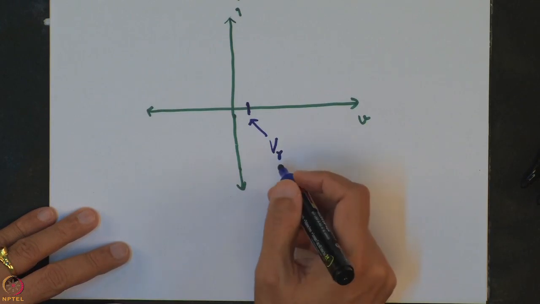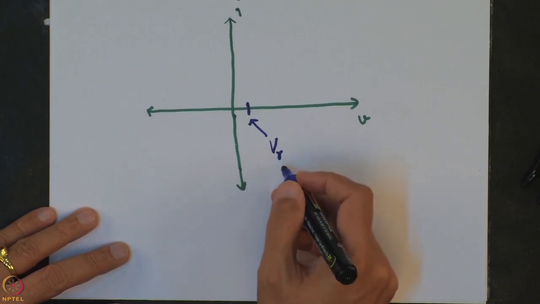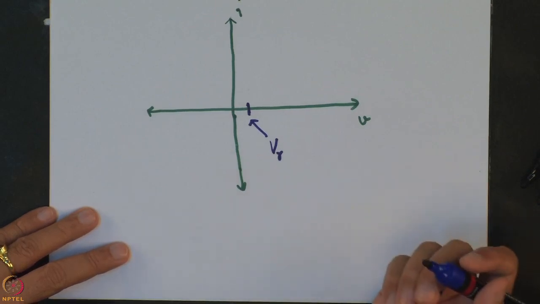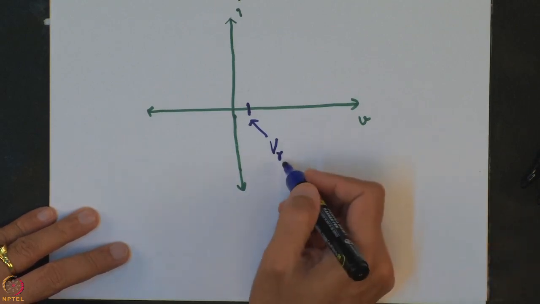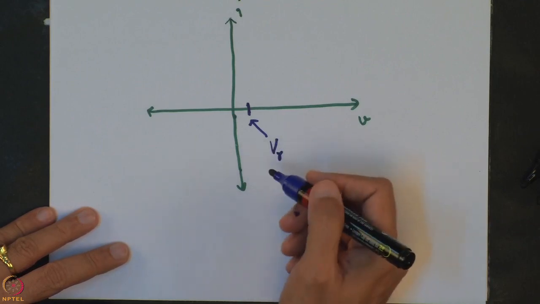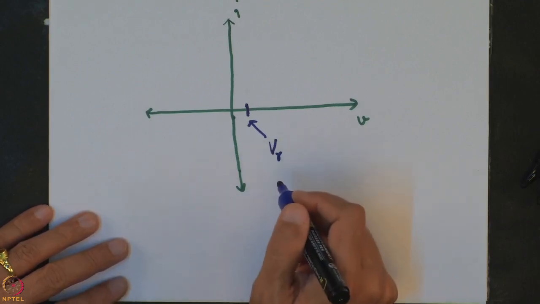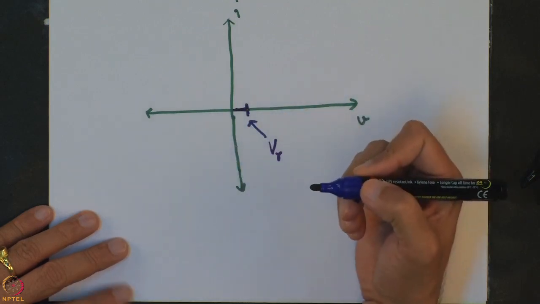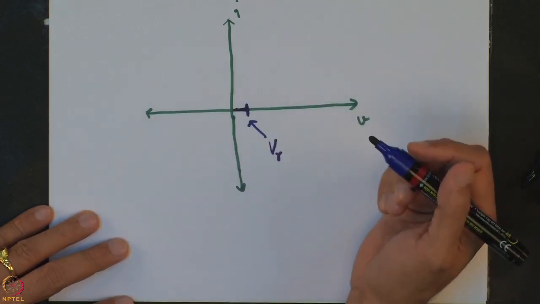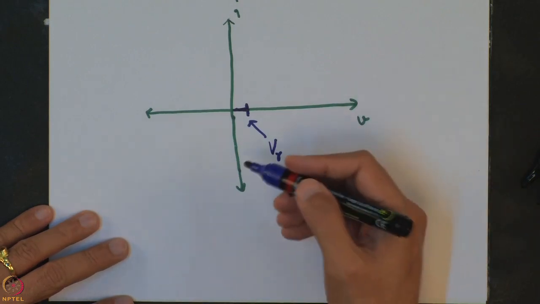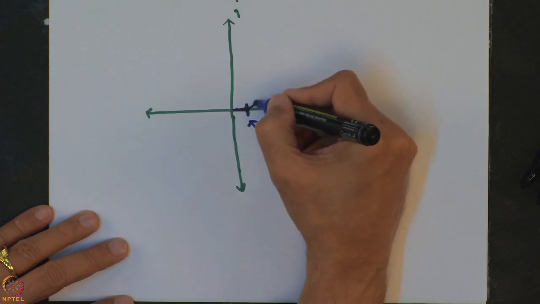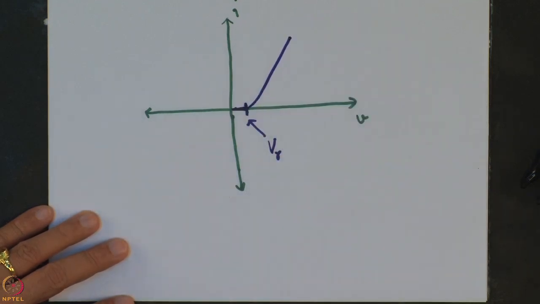It is basically the contact potential, and the applied voltage across the diode in forward bias must be greater than V gamma, also called the threshold or cut-in voltage. There is no current till that time. The charge carriers are not able to jump until they have enough energy to overcome this contact potential, and after that the current rises like this.